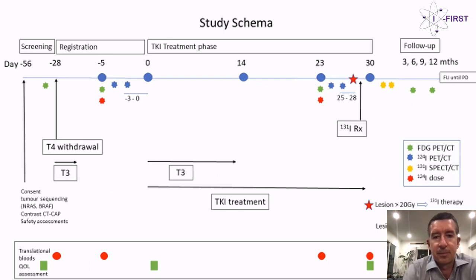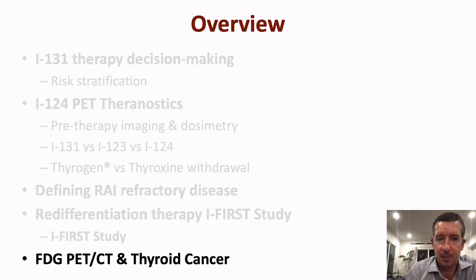If there's adequate iodine uptake, they'll proceed to I131 treatment, and then we'll have serial follow-up with further FDG PET for response assessment, as well as diagnostic CT studies.